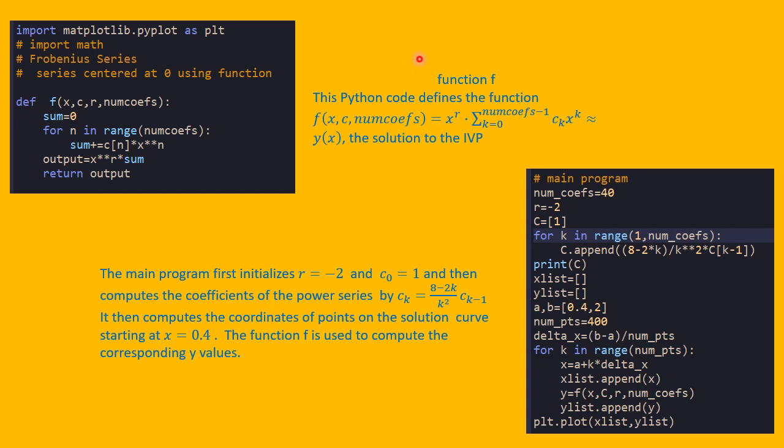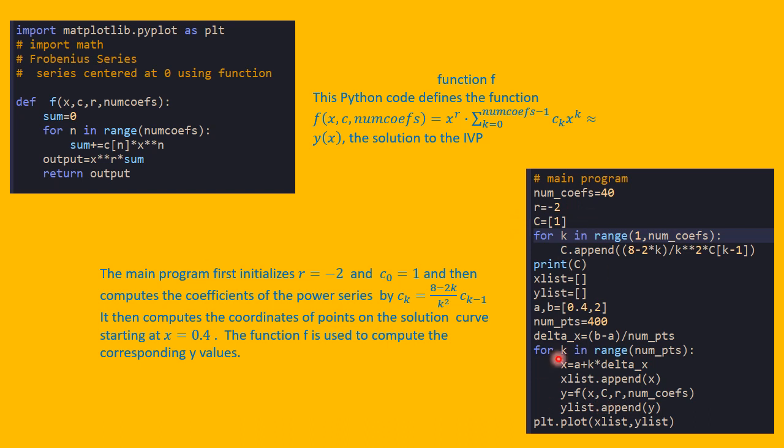So here's a Python program to compute at least a partial sum from that infinite series and also to plot it. This is the function that calculates y sub 1. Here I called it f.